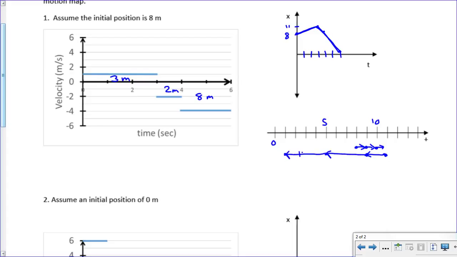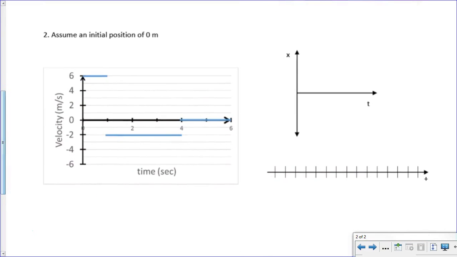For these ones, these two are the same, and then these first 3 are all the same. All right, but that one oddball one is a little bit of a different velocity there, so it doesn't get a tick mark. All right, so that's what the motion map looks like for that.